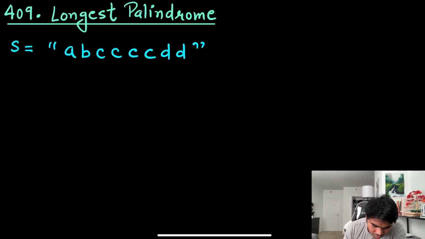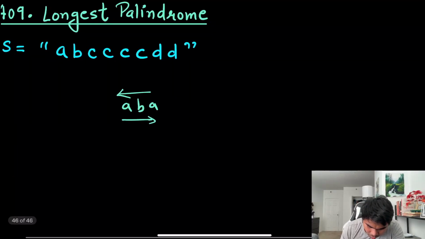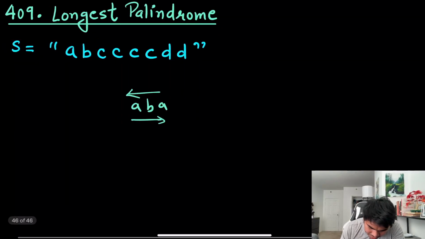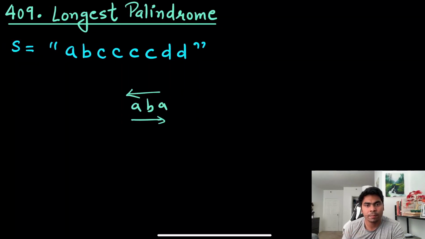If you already know the palindrome's properties, take any string, let's say A, B, A. If you read it forward or backward, it's going to be the same. Now you can keep appending more characters in the back and front, respectively the same character.